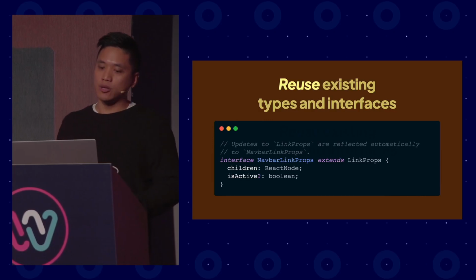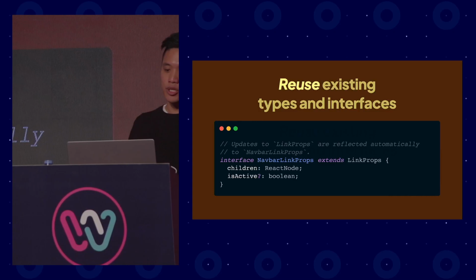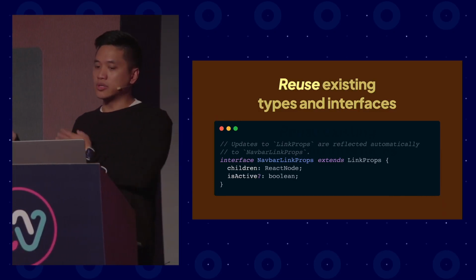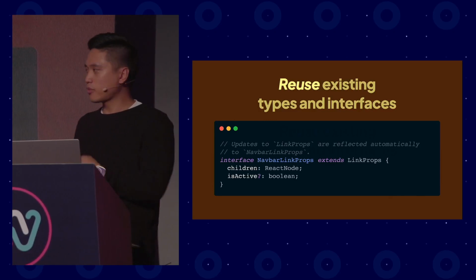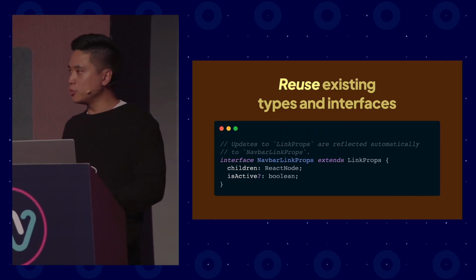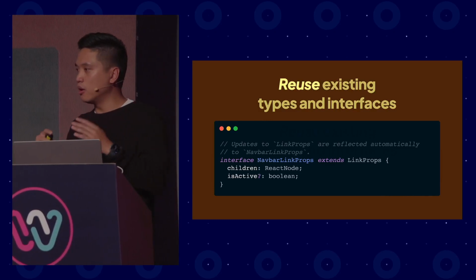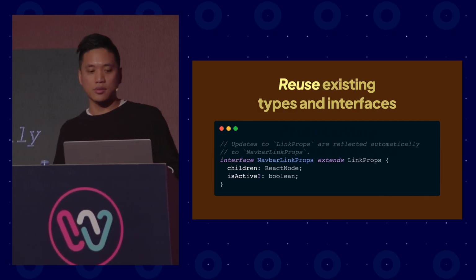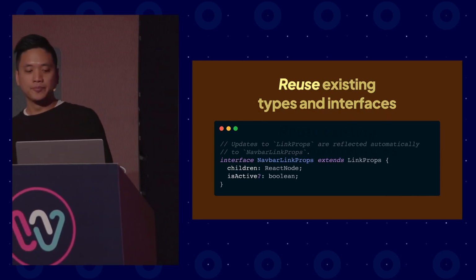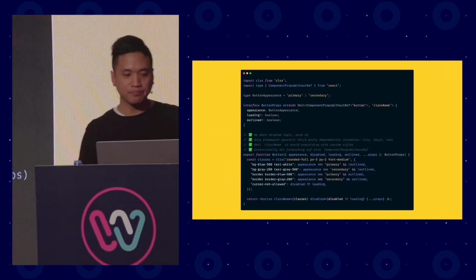So given you use one single component per file, I can't stress enough to just reuse and export a type if necessary, so that if you add updates to this component or to the types of the props, anytime you import and export it, they will just be reflected automatically, and you don't have to think about other dependencies on these prop types. And for me, it often outweighs the work of duplicating logic or types.